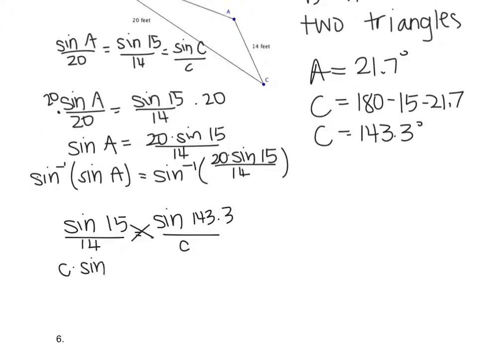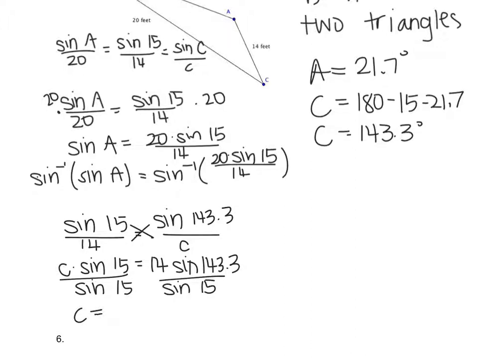C times the sine of 15 equals 14 times the sine of 143.3 and divide by sine of 15. So side C is 32.33 feet. So that's our first triangle solution.